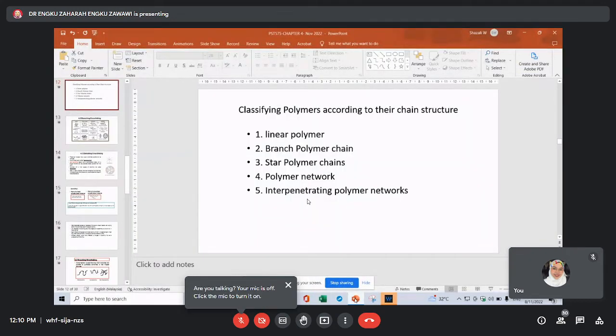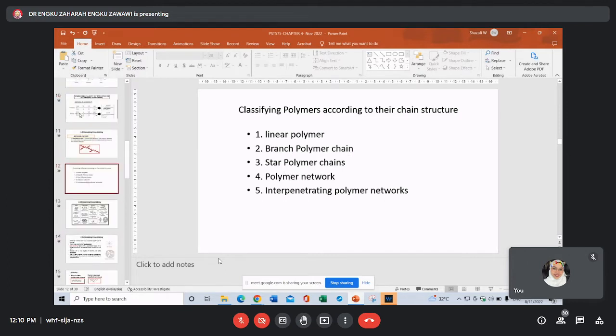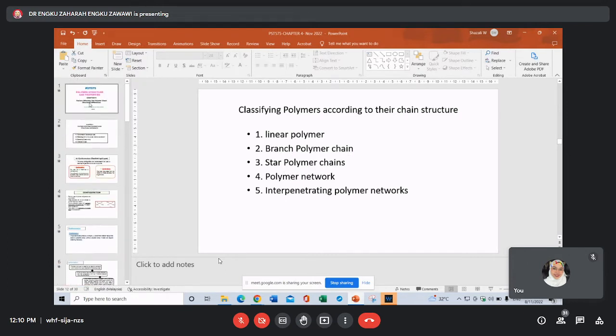Nampak tak? Nampak. Okay tak ada apa, nampak tu. Nampak tajuk dia. Okay, sekejap. Sekejap.